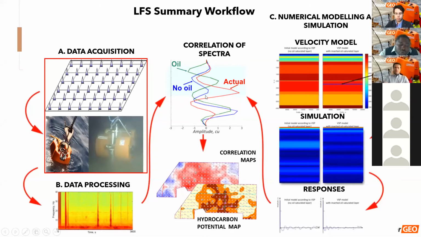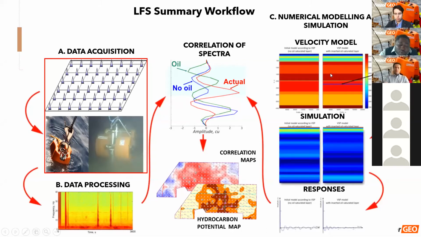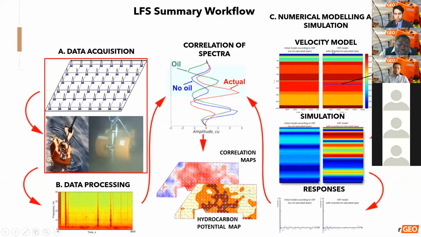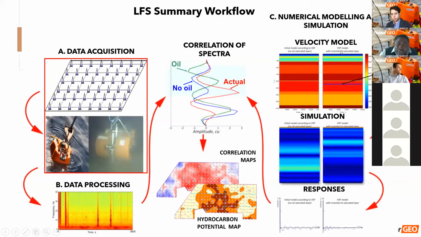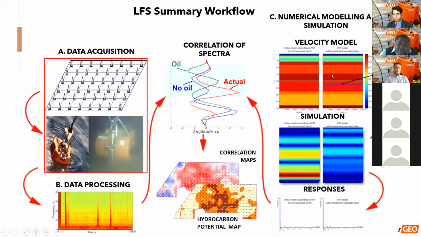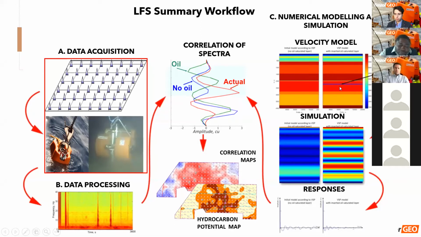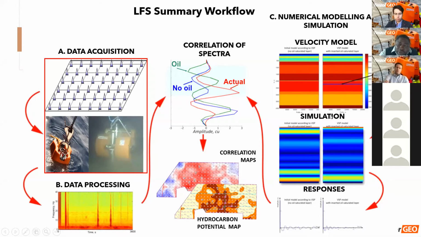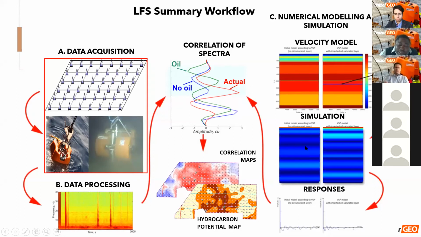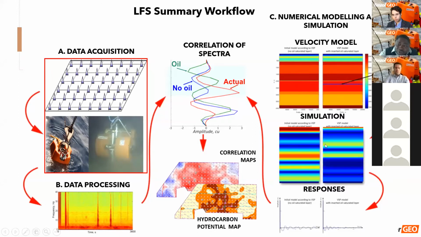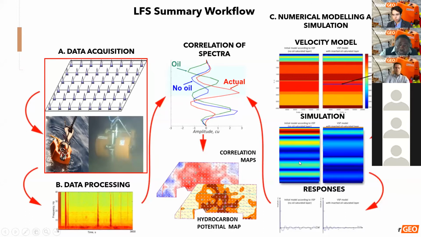We will now use the VSP that we've acquired from the client here and the conventional seismic, or what you call an isochrone map, to construct a velocity model with oil and without oil. We'll now perform a numerical simulation on these models by applying a flat impulse on the top of the models. Now, the surface vibrations will be recorded in both cases.